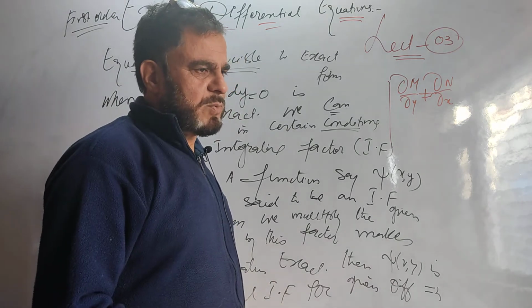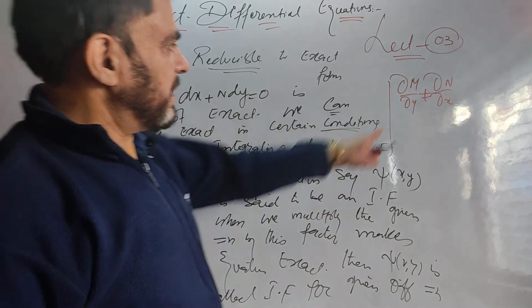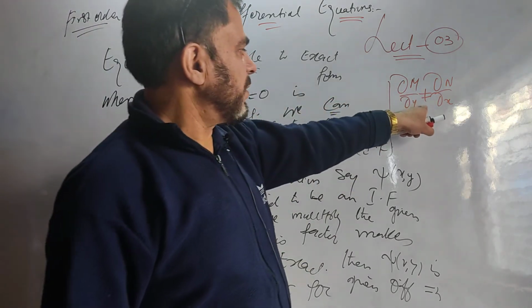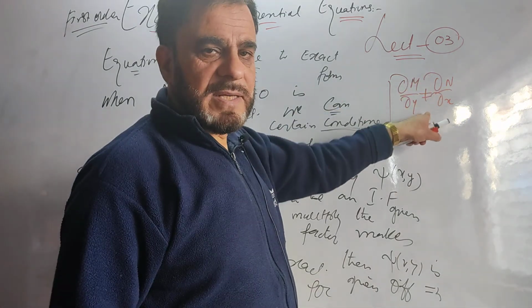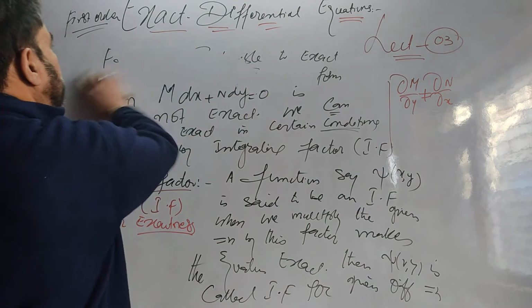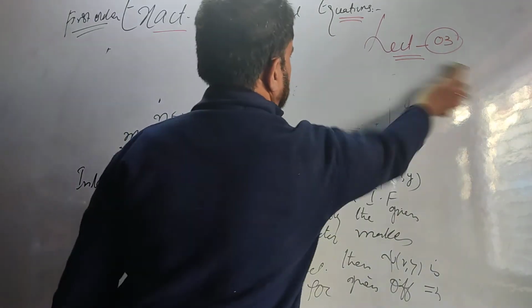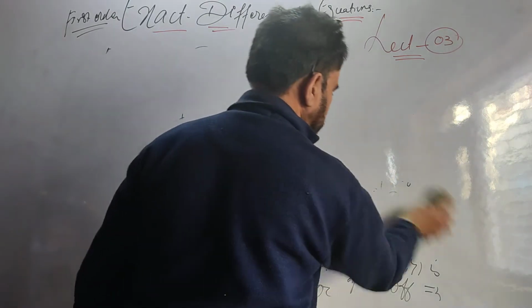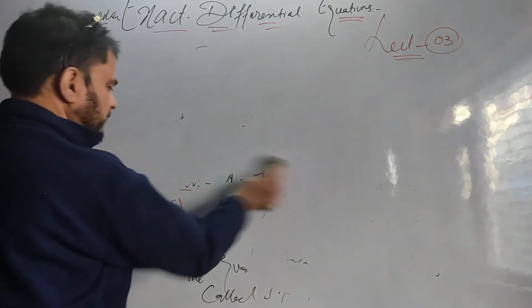I will quote you some rules for when the differential equation M dx plus N dy is not of this form, when it fails and gives not equal to. Then how can we make this equal? We have different rules for this that we want to share with you.